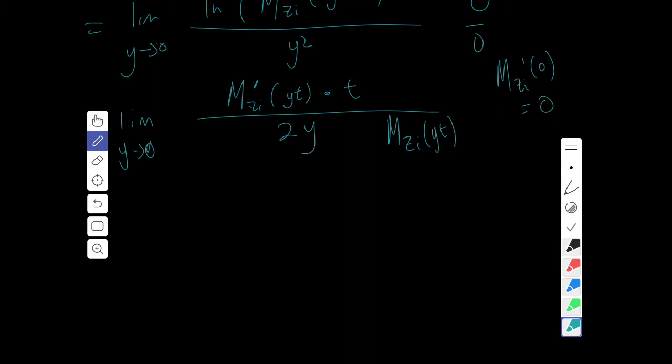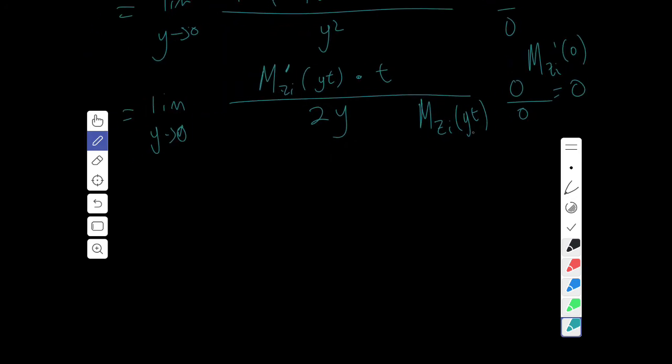So I'm going to have 0 at the top, and at the bottom, as y goes to 0, the bottom's also going to go to 0. So I'm going to have 0 over 0 again. I should look at what the moment generating function itself goes to. This goes to 1 as y goes to 0.